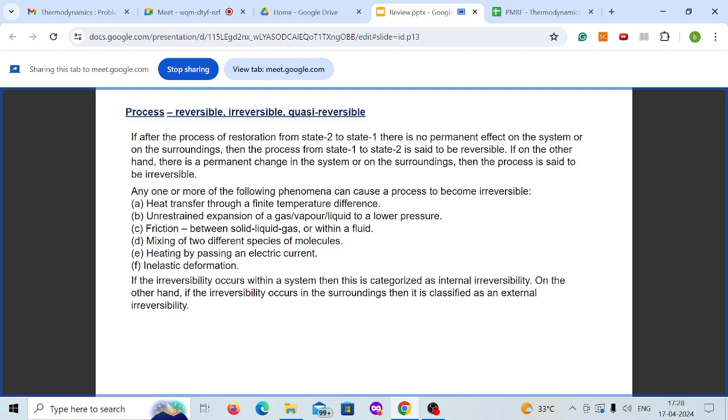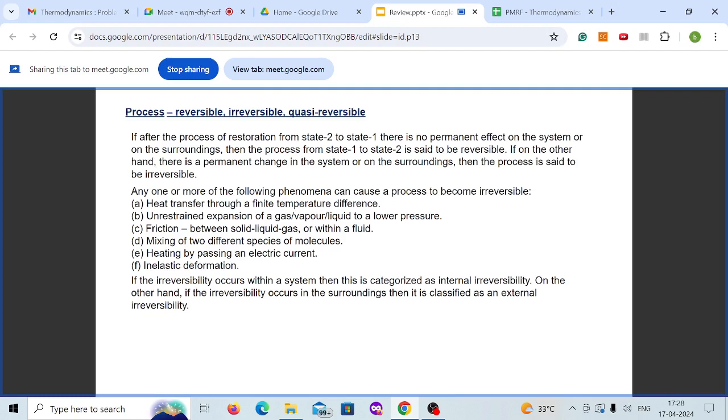If you have a balloon and you release it and air escapes, you cannot bring that air back inside the balloon. You have to do work to push what has expanded back into the balloon. That defines irreversibility. If you could do it without any intervention and go back to the previous state, that is reversible.